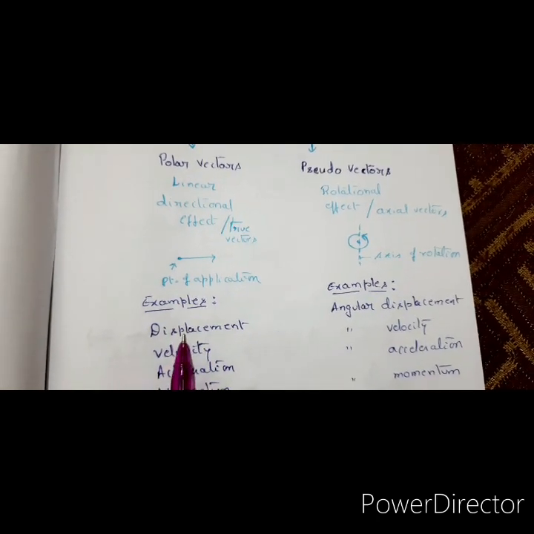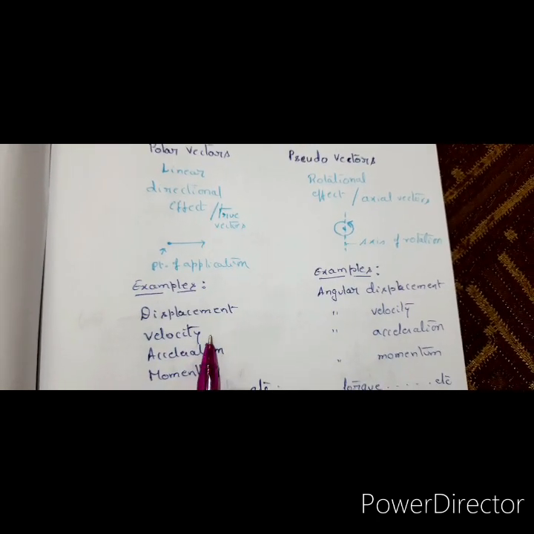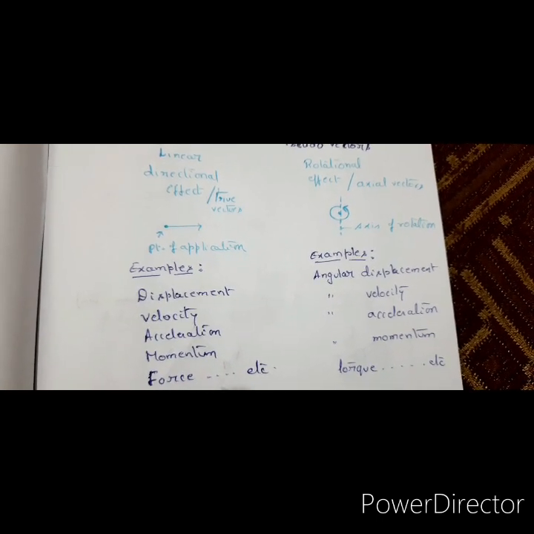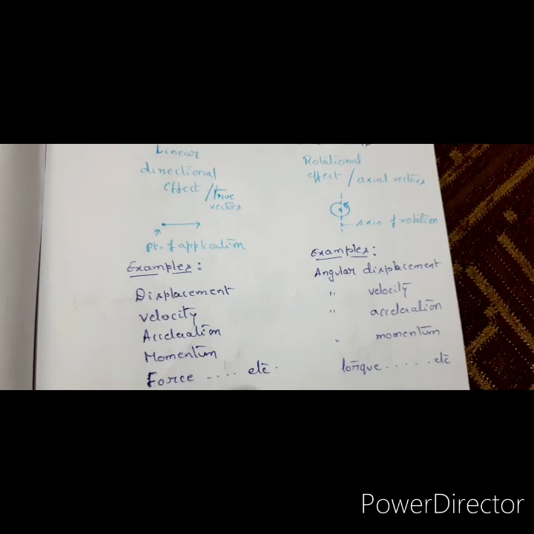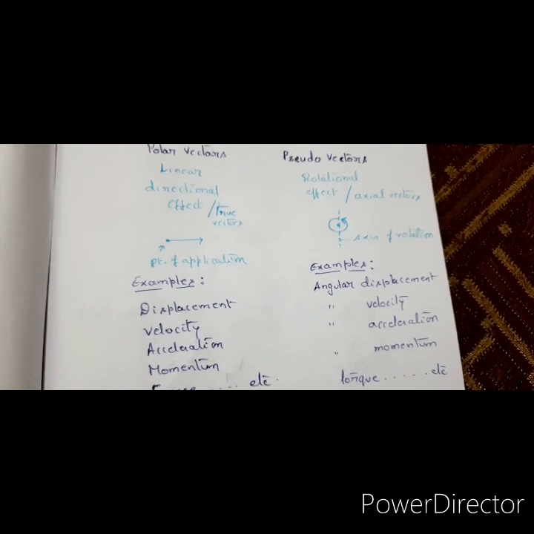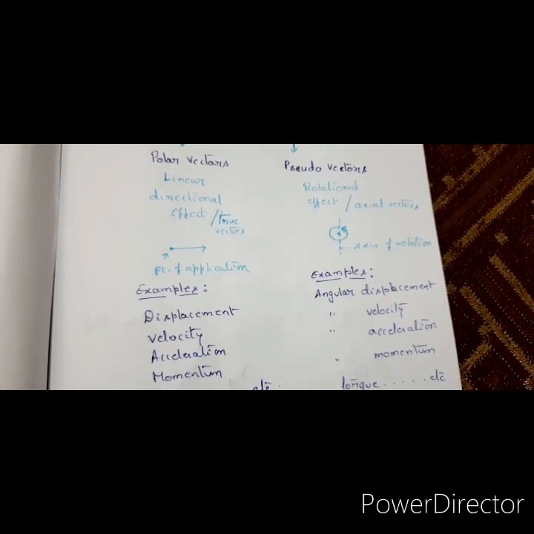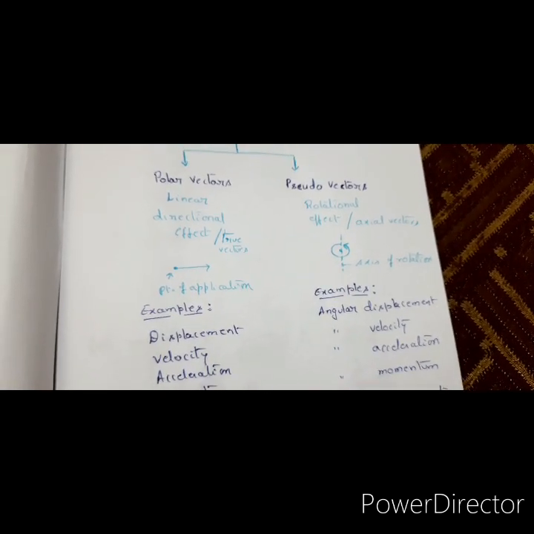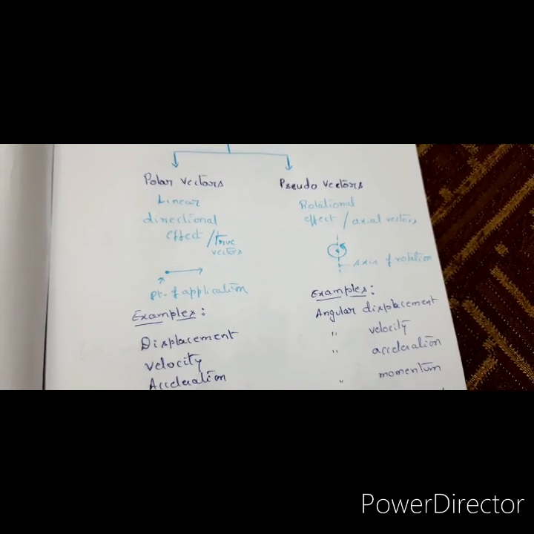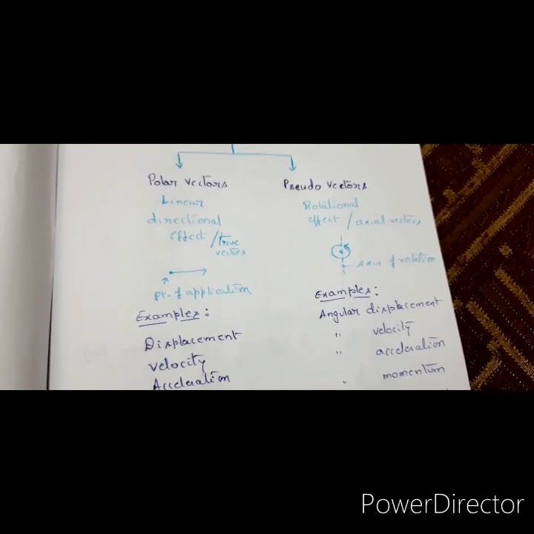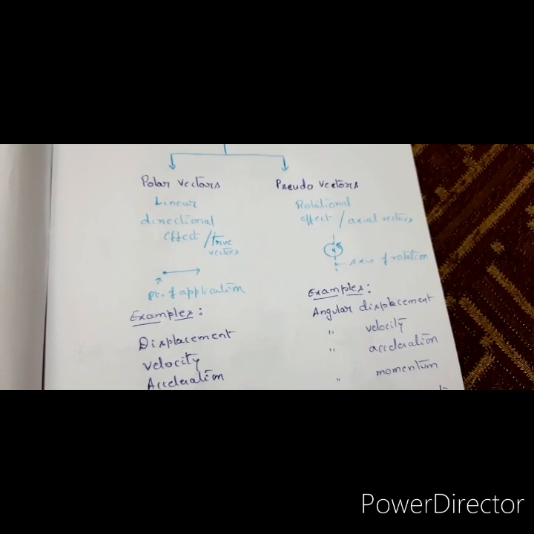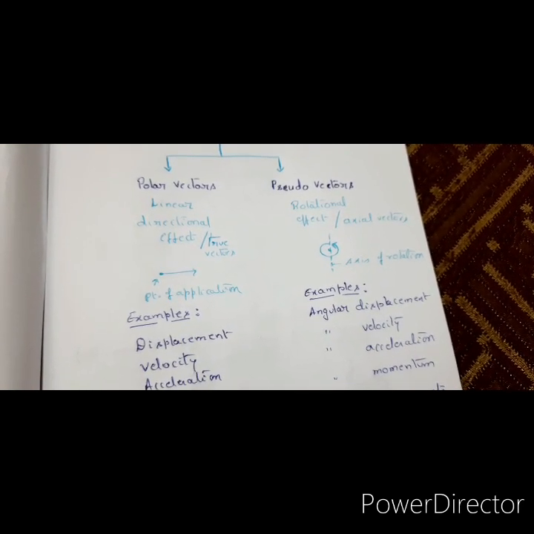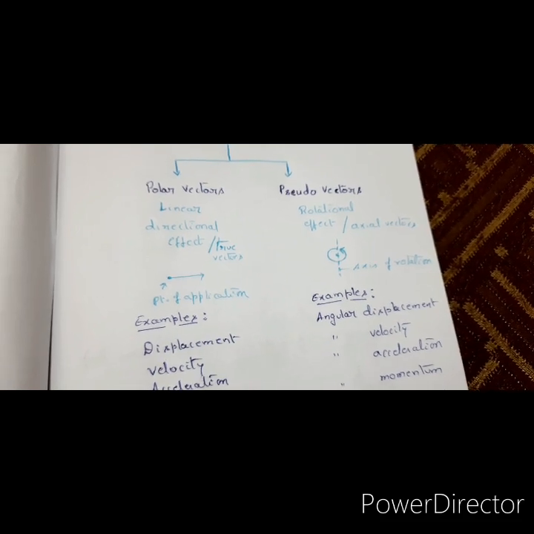Like when we speak about displacement, velocity, acceleration, momentum, force, etc., which we usually learn in kinematics, force, friction, and all that. All these are polar vectors, right? These are also called true vectors and they have linear directional effect, right?